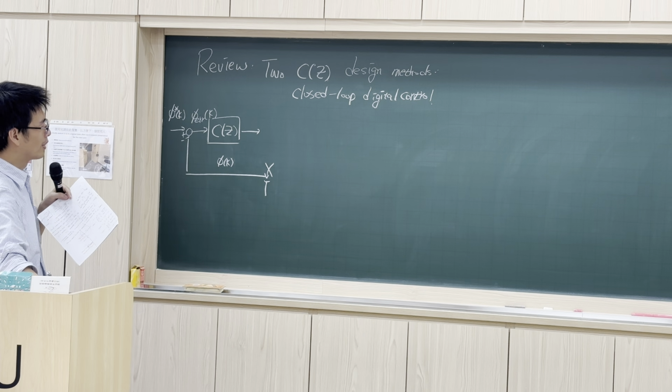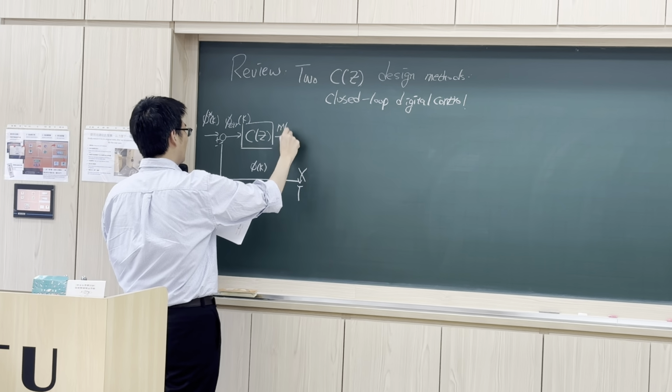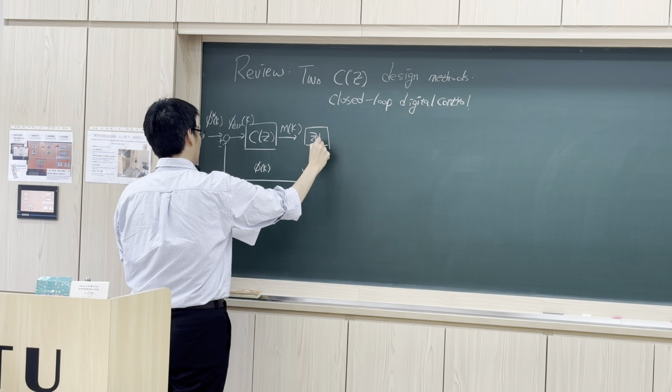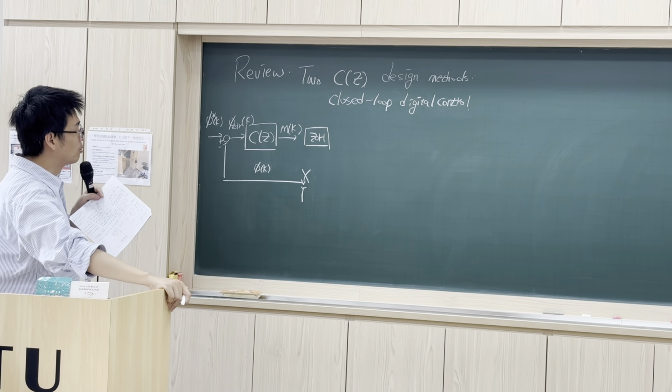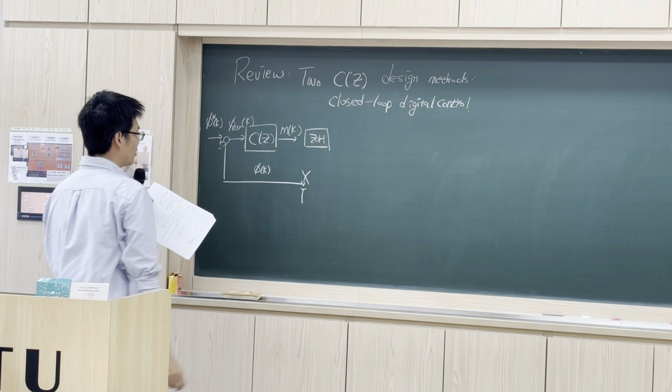For open loop control, the manipulated input is decided by ourselves. For closed loop control, the manipulated input will be decided by our C(z), the closed loop controller.